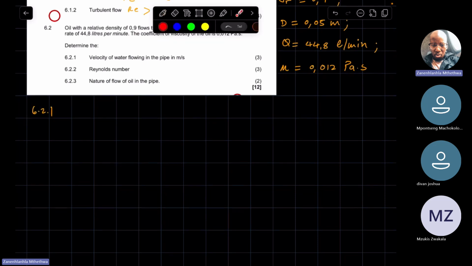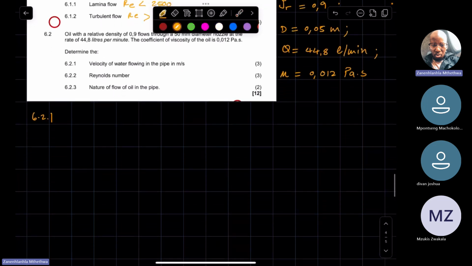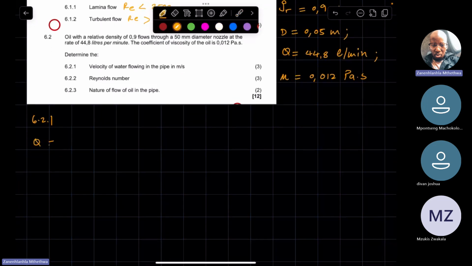6.2.1. They say determine the velocity of water flowing in the pipe in meters per second. That should be straightforward. Remember, Q is equal to the area of the pipe times the velocity of flow. So it's a matter of making velocity the subject of this formula.